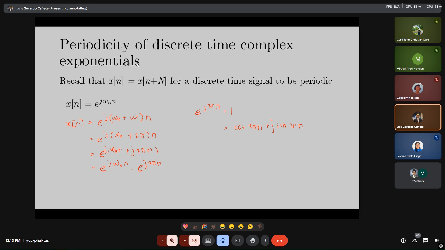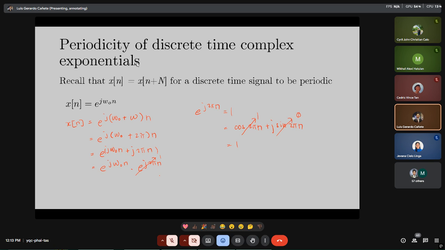Now, for any value of n, where n is an integer, this is always going to be equal to 1, and this is always going to be equal to 0. So cosine of 2 pi n is always 1, and sine of 2 pi n is always 0. So therefore, it's equal to 1.